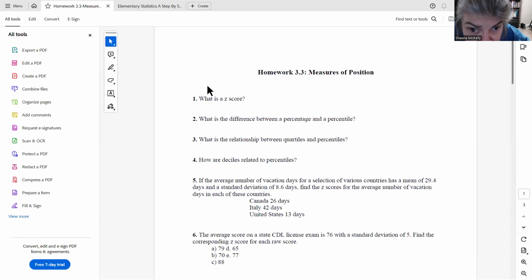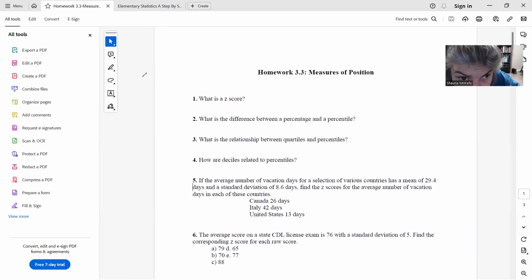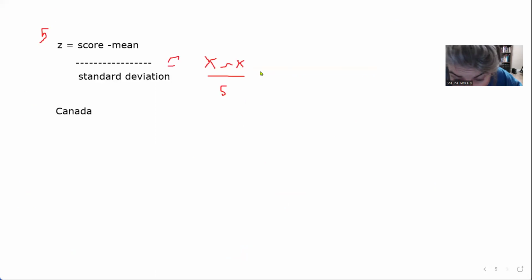So here I'm going to have z is equal to 26 minus 29.6, I believe it was, right?